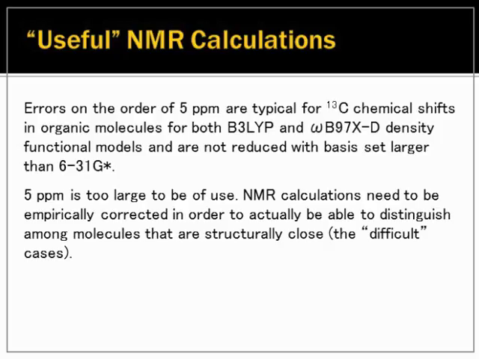You can't really get below about 5 ppm. The comment I would make is that this is too large to be useful. 5 ppm, if you're trying to distinguish between stereoisomers, is just too large. You have to knock this down by a factor of 2 or 3 to become useful.